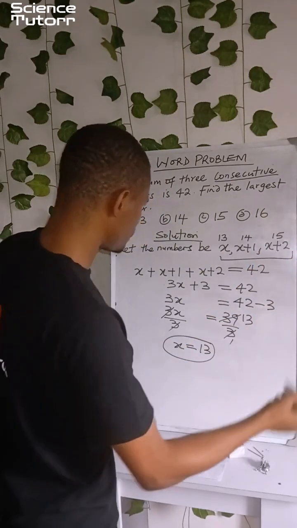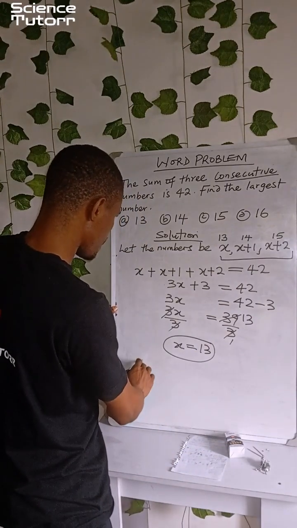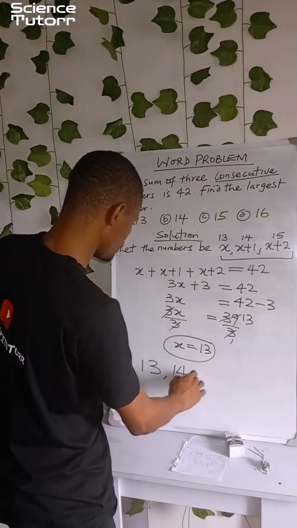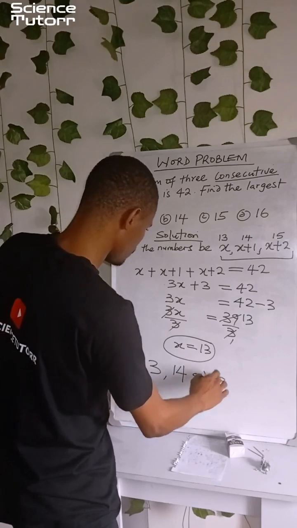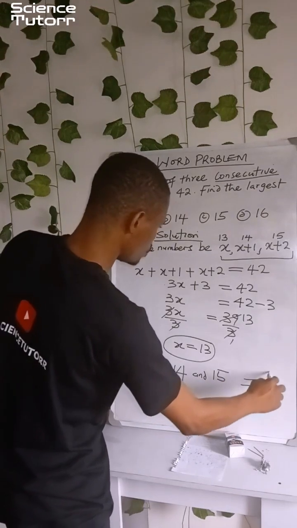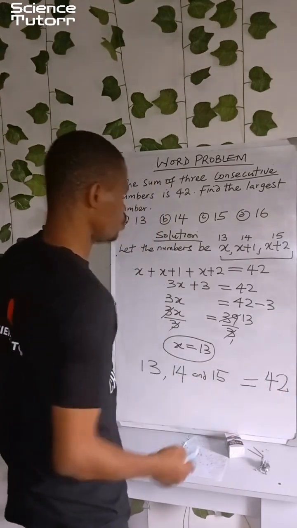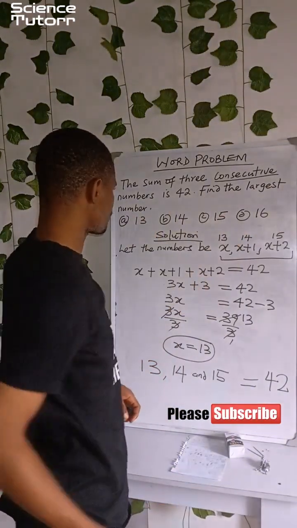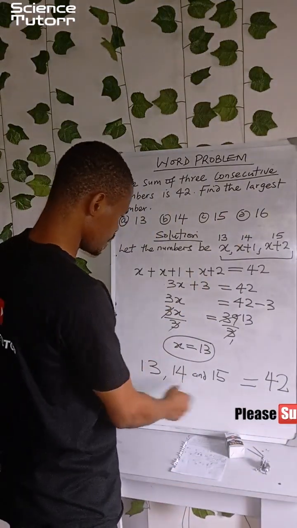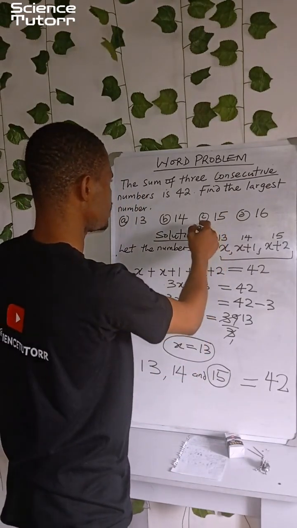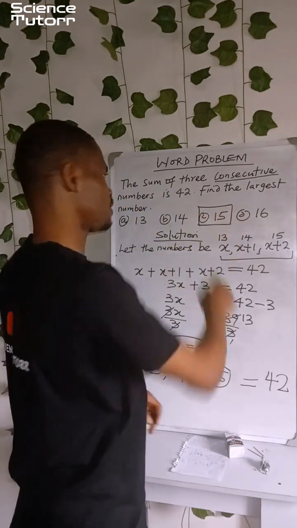So the numbers are 13, 14, and 15, which when I add them together equal 42. Now the question is, find the largest number. The largest number in this case is 15. So option C is the correct answer.